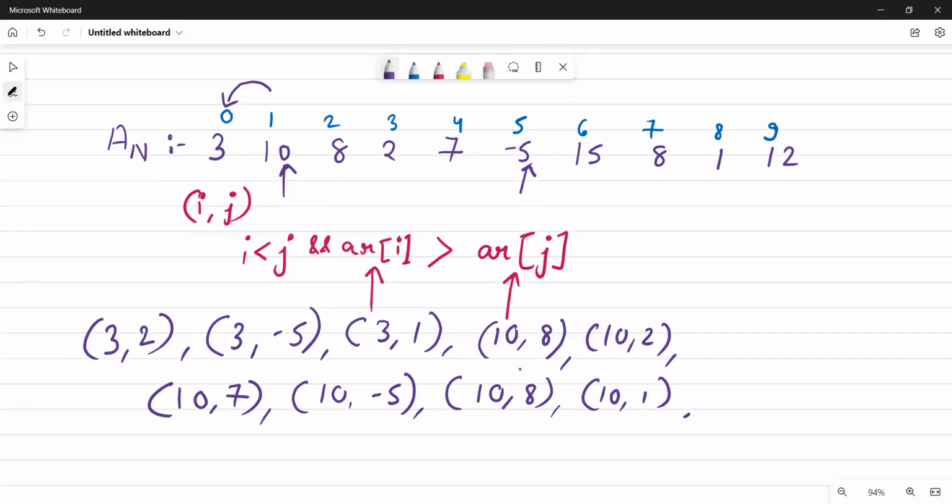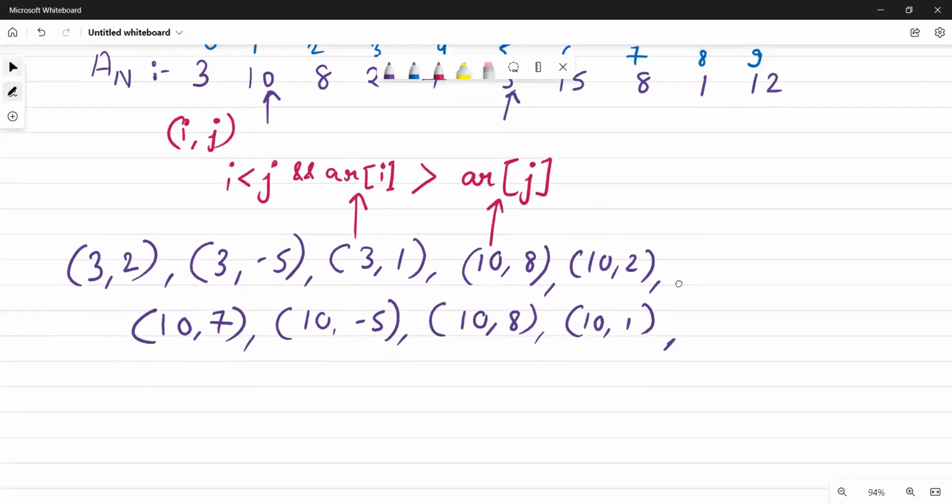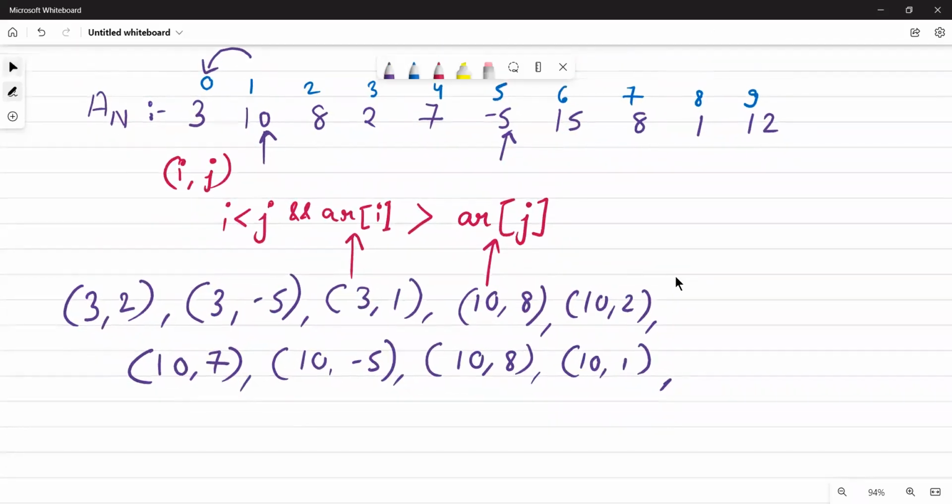Okay. Now you have to do the same thing with 8, 2, 7 and all. You just tell me all the pairs now quickly. Oops, sorry, my bad. With 8, it is 8 and 2.